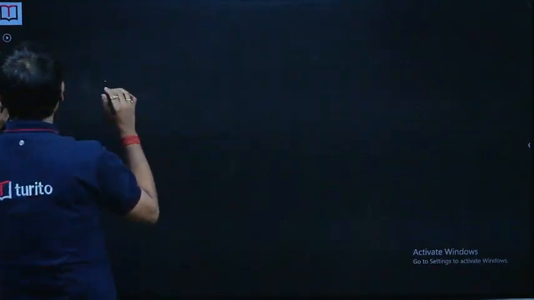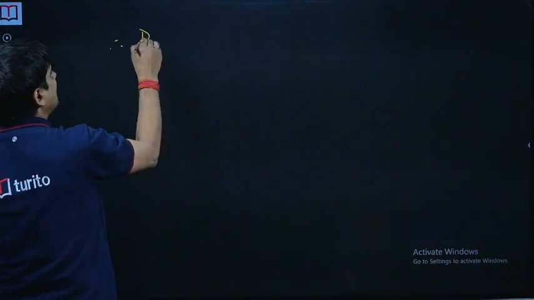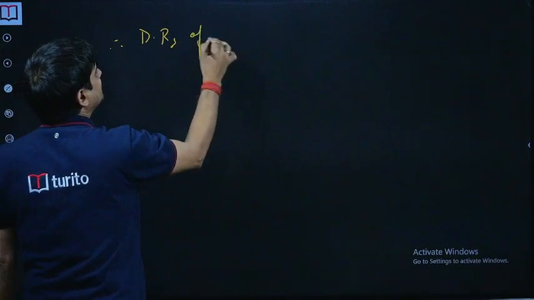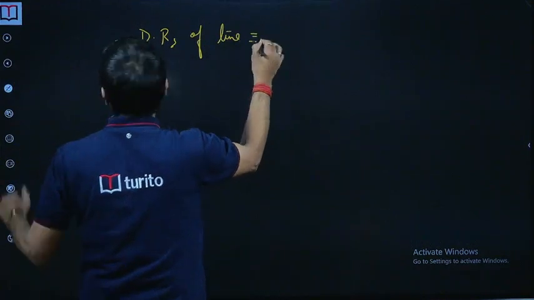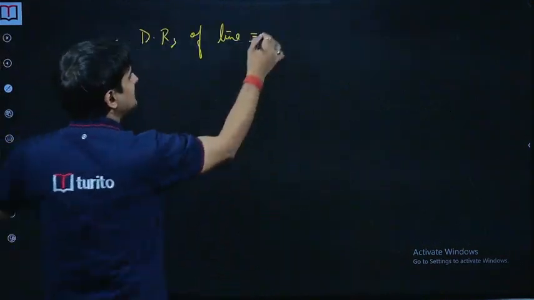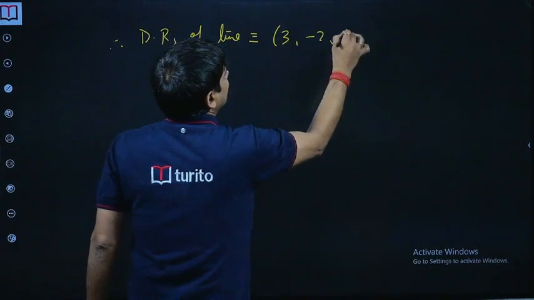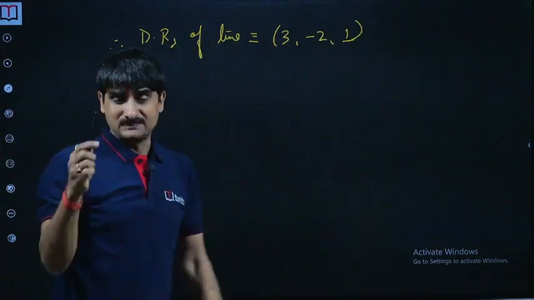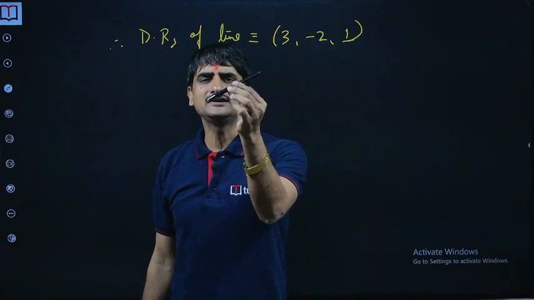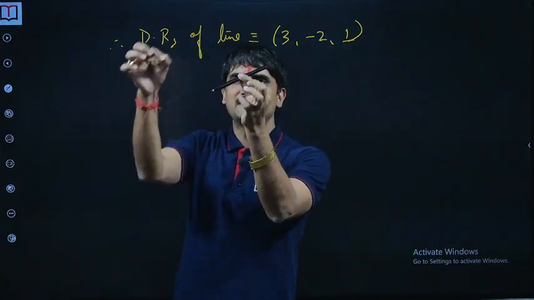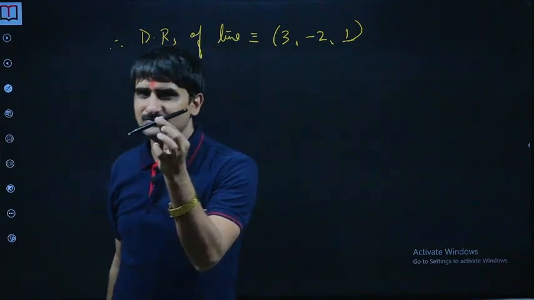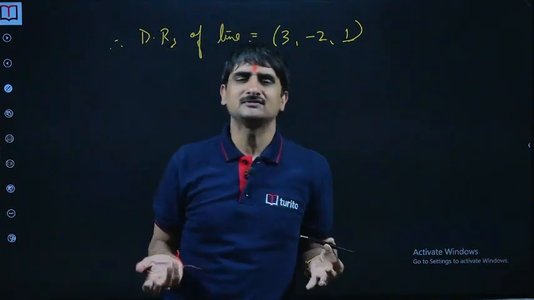So what can we say? Therefore the DRs of the line which is required, which is parallel to it, can be taken as 3, minus 2, 1. If you need a line which is parallel to this line, then you can directly use the DRs of this line. Any line which is parallel to this line, obviously you can use the DRs because they themselves are the ratios.